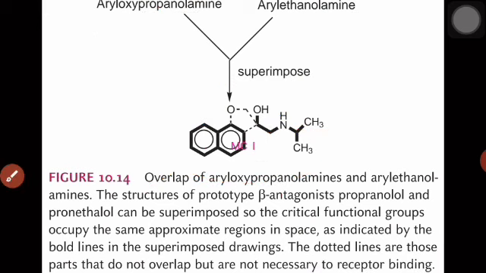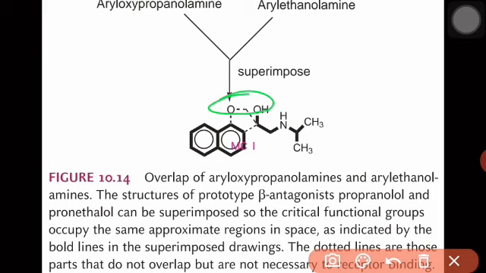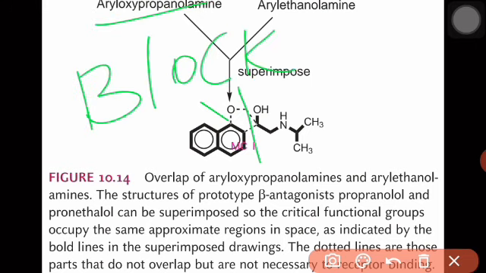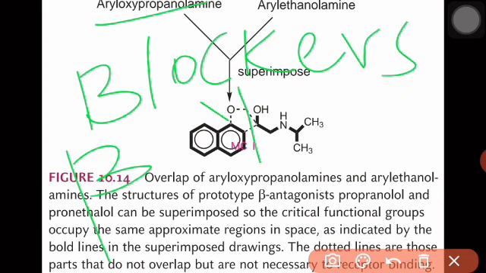The dotted lines are not superimposing and are not giving any similarity in structure. This similarity, with the dotted and black lines, is able to produce aryl propanolamine as blockers of the beta adrenergic receptor.